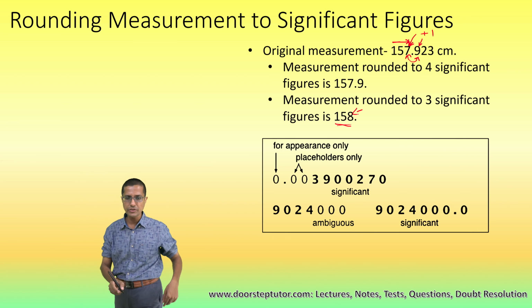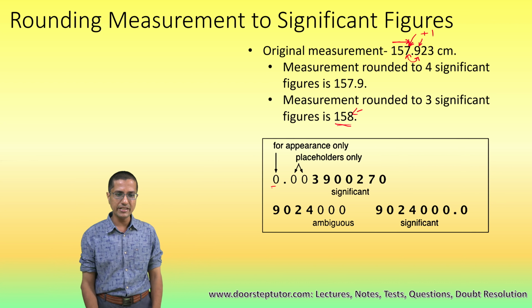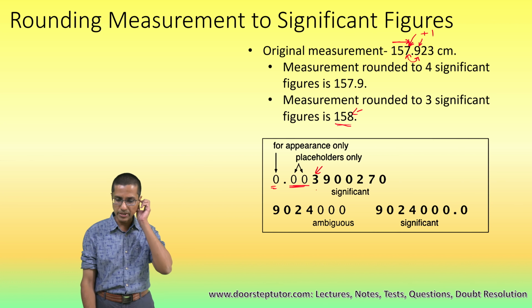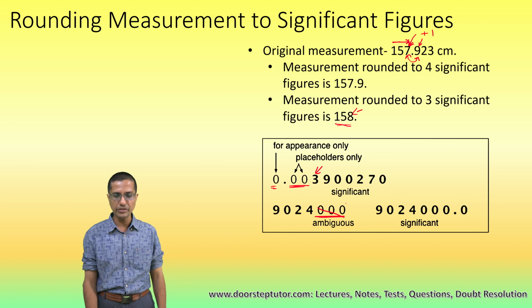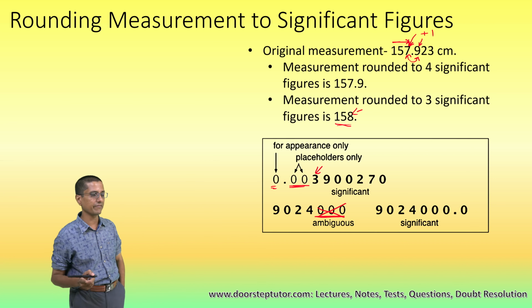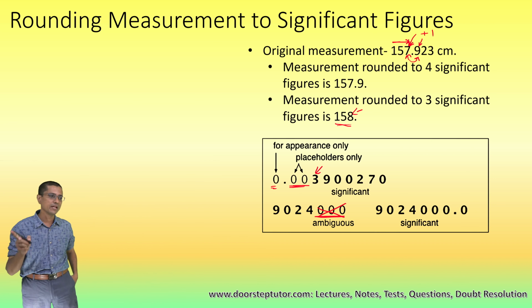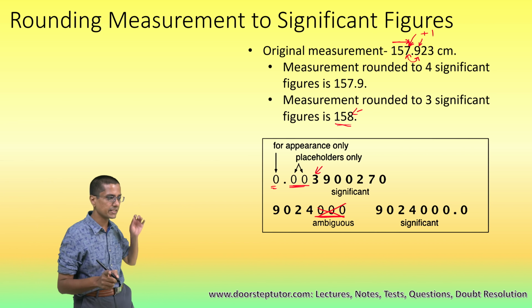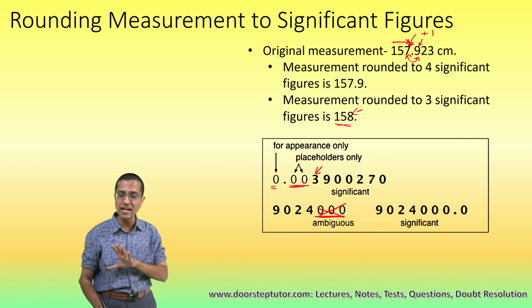See, the zeros here, this is just for decoration, and these zeros are always insignificant. So in this number, these zeros are ambiguous and therefore they are also always insignificant. And the rules, again, look at the class. Why I am saying certain zeros are insignificant, certain zeros are significant, there is a detailed class on that.